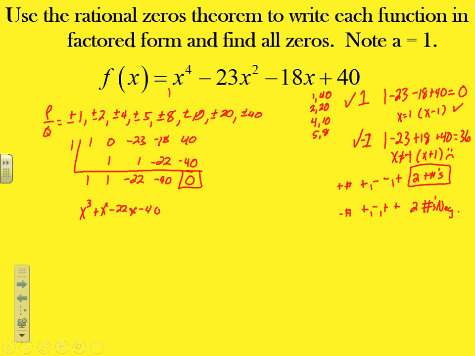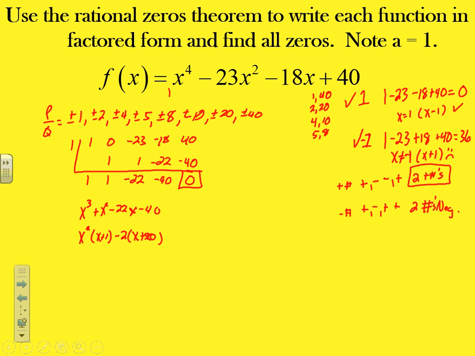Now, at this point, we can factor some third degree polynomials by grouping. So if we tried factoring this one by grouping, we would get x squared times x plus 1, and here the only thing that they have in common really is a 2, so I would say minus 2 times x plus 20.